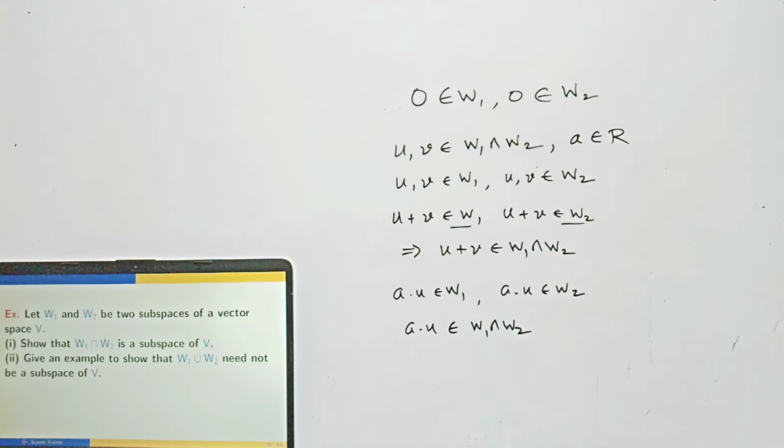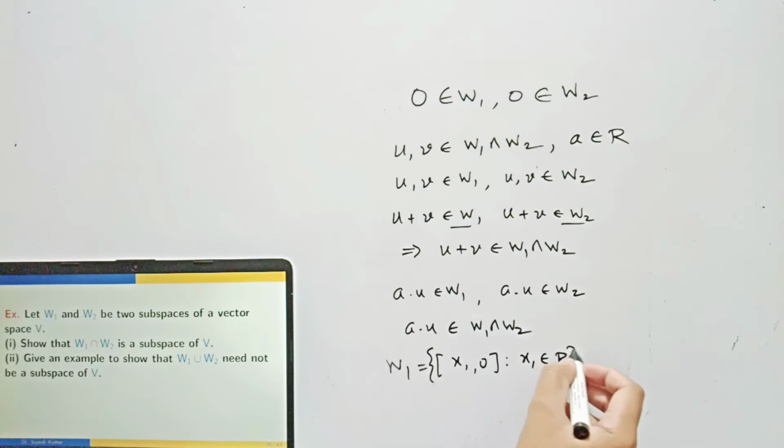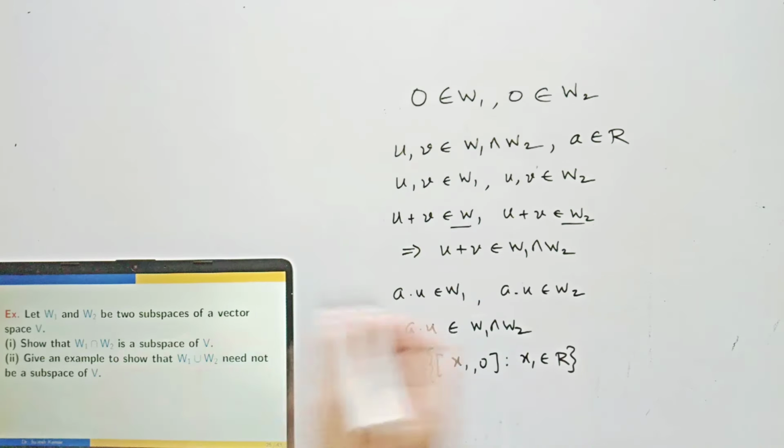But union of two subspaces need not be a subspace. Think of some example to show this. It's a very good example. W1, which carries ordered pairs with second entry 0, is a subspace of R2.